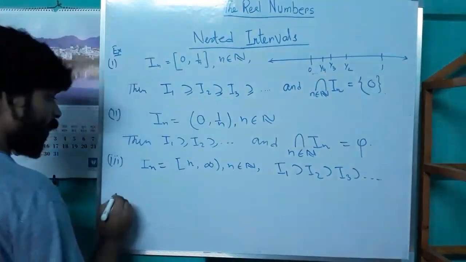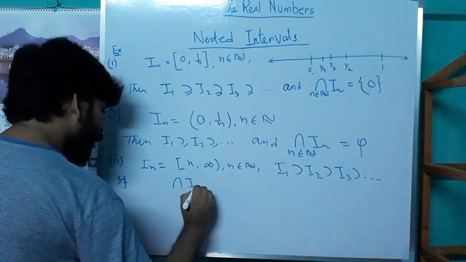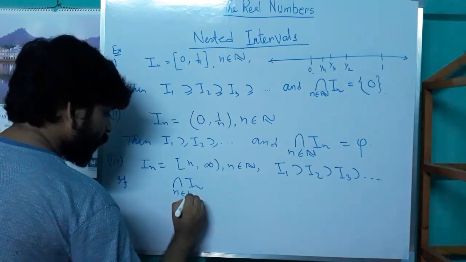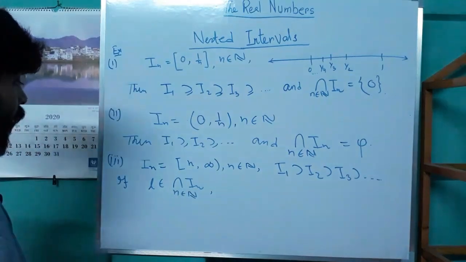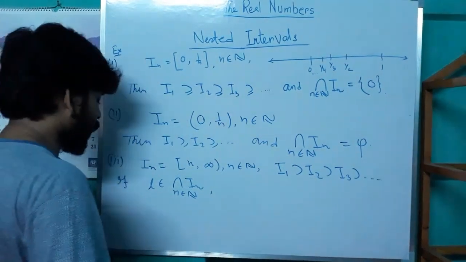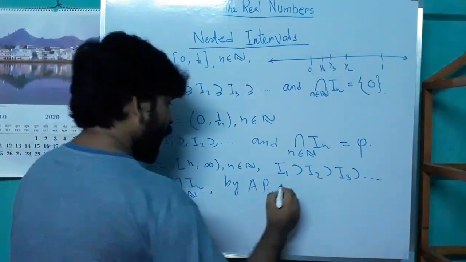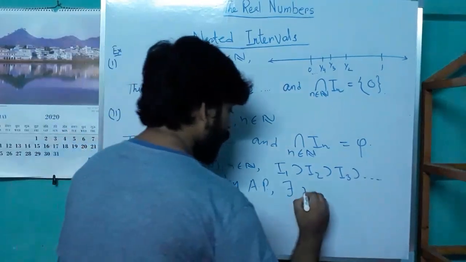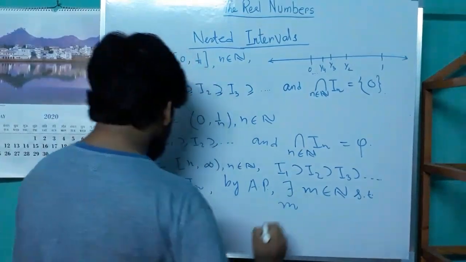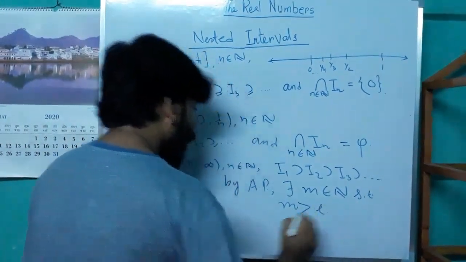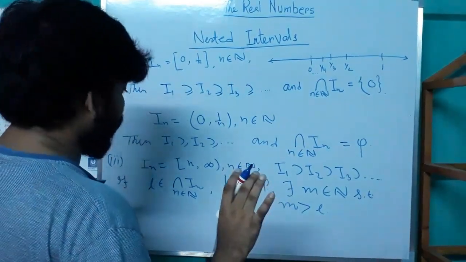Okay, and if the intersection contains one element, then by the Archimedean property there exists a natural number m such that m is strictly greater than L, because the Archimedean property is equivalent to the fact that the set of naturals is unbounded.